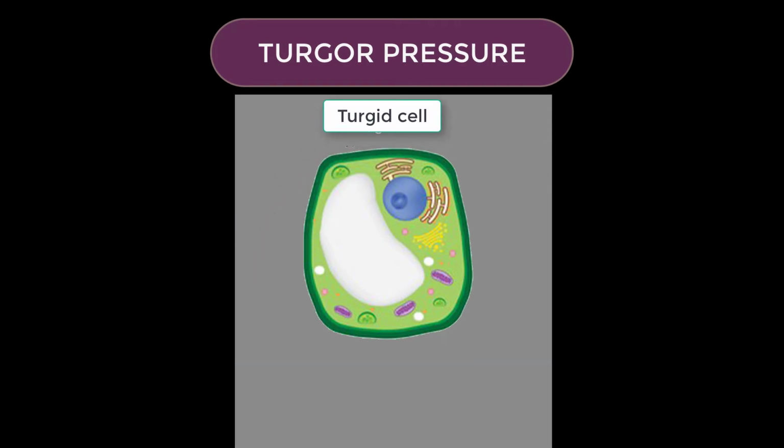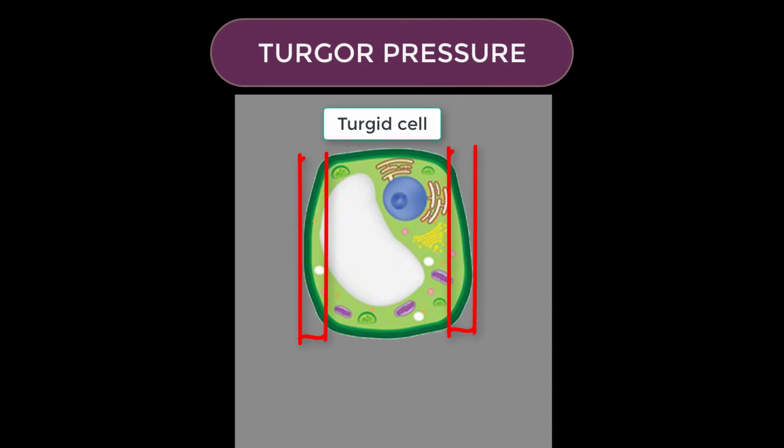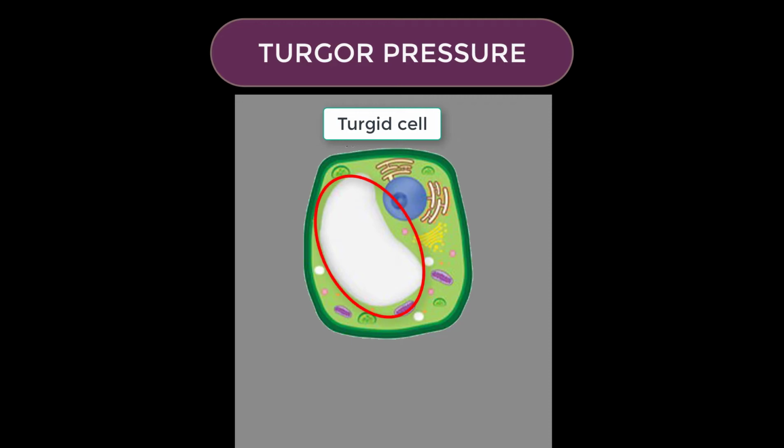A turgid cell is characterized by the cell walls which have bulged outwards as shown using these red marks over here. As the plant cell absorbs more water, the water gets into the sap vacuole. This makes the sap vacuole swell and increase in size, making it push the cytoplasmic contents towards the cell wall.